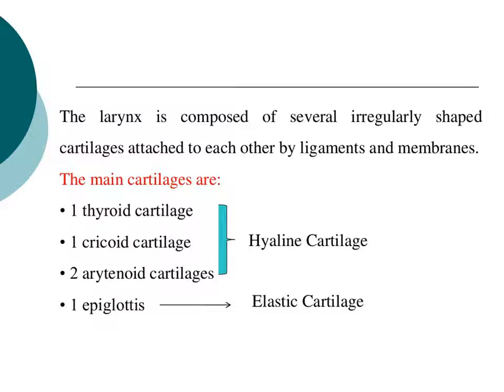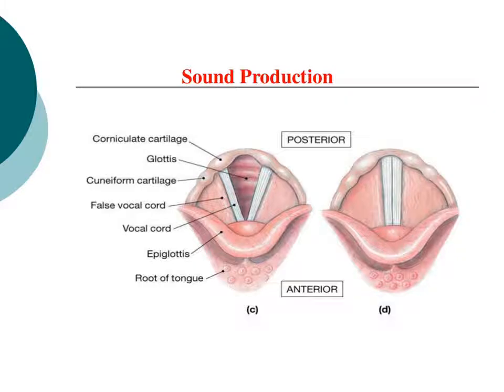The larynx is composed of several irregularly shaped cartilages attached to each other by ligaments and membranes. The main cartilages are thyroid cartilage and cricoid cartilage, which are hyaline cartilage. Second is arytenoid cartilage. First, epiglottis, that is elastic cartilage.